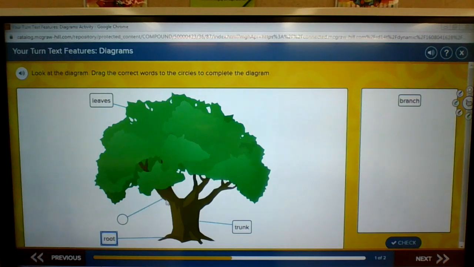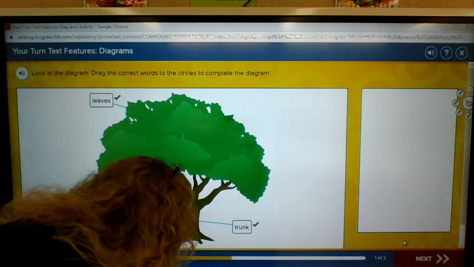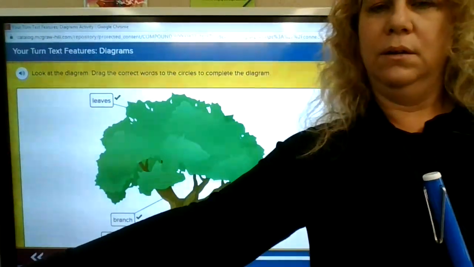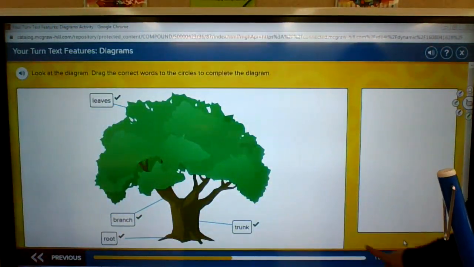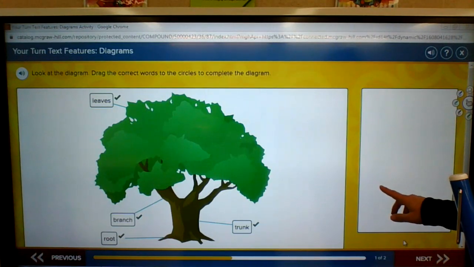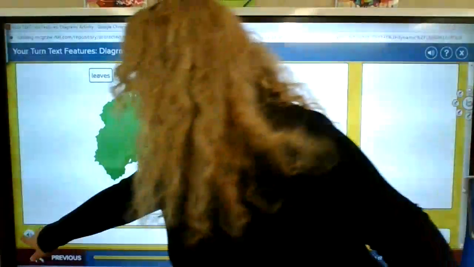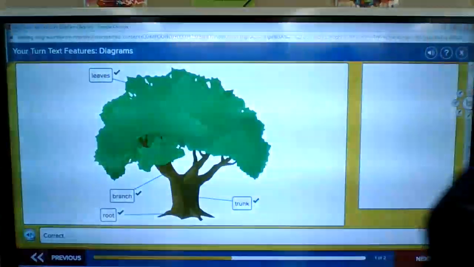And then this part of the tree is the branch. All right, let's check. Fantastic. Okay, she said fantastic. I had her turned down a little bit. She said fantastic. So let's go to the next one. I'll click her again. Correct. So that time correct.